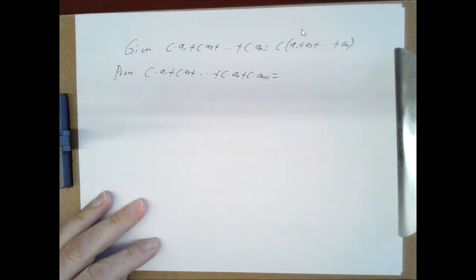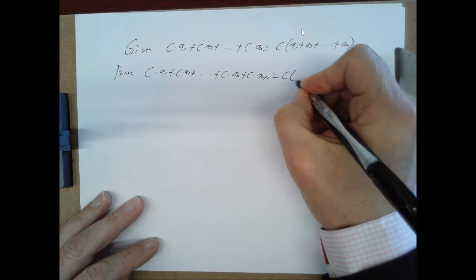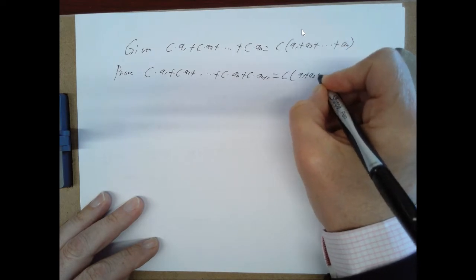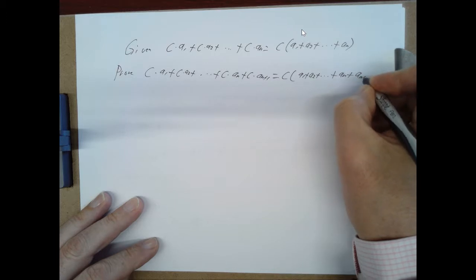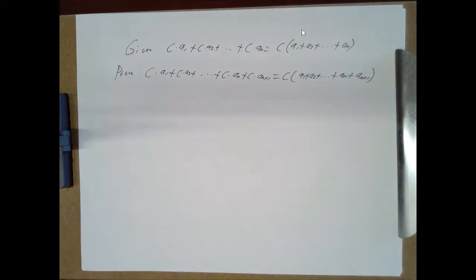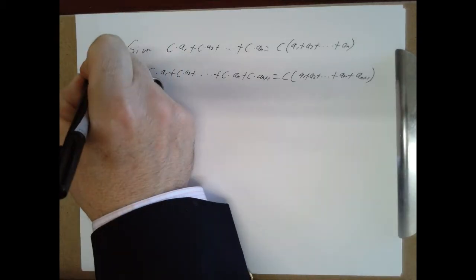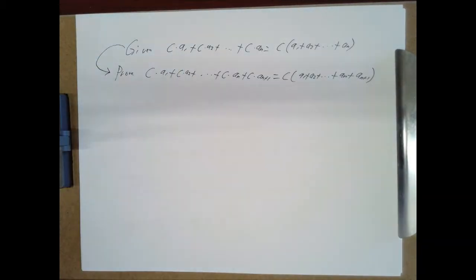So we want to prove that that equals c times all of this. If we can make that inductive leap, then we can wrap it into the formalism of a mathematical induction proof, and we're done. So how can we bridge the gap from what we're given to what we're trying to prove?